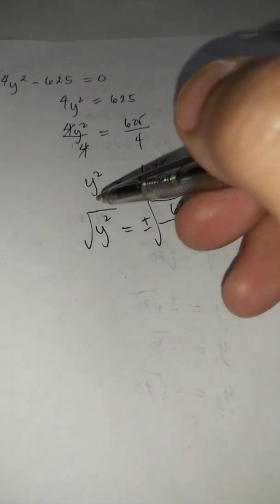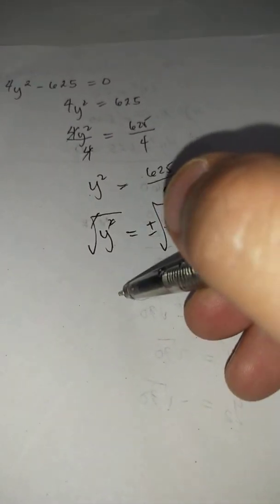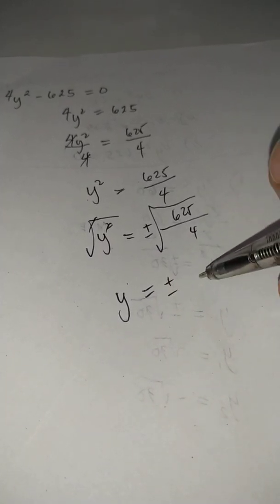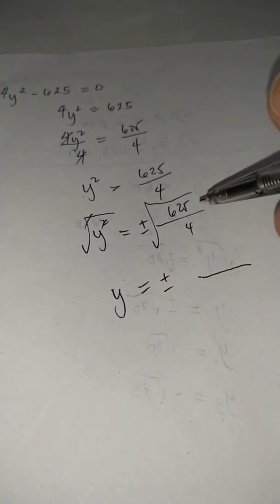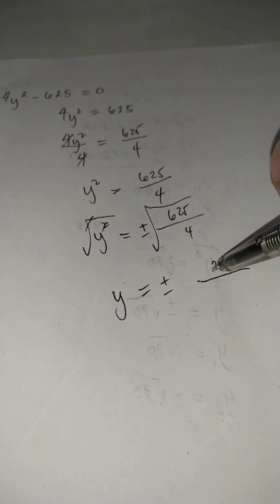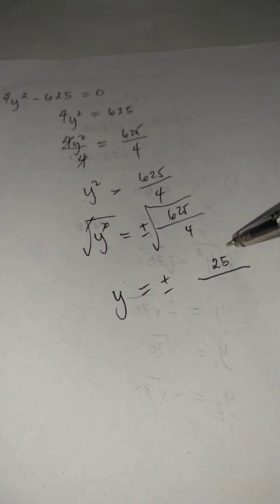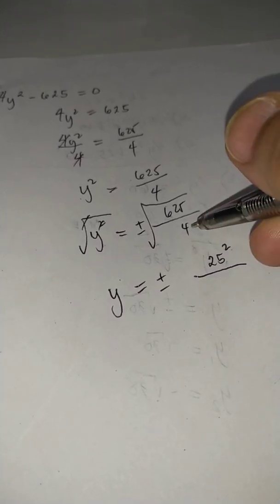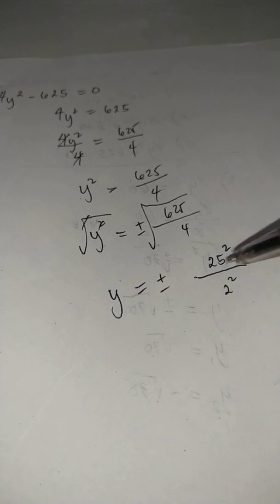Then we have y is equal to positive or negative. Let us look: are these numbers perfect squares? The answer is yes. 625 is equal to 25 square, while 4 is equal to 2 square.